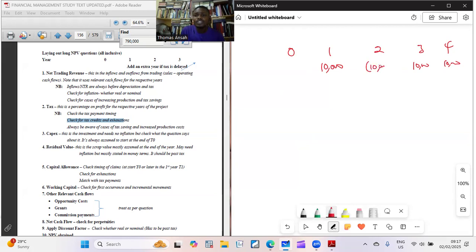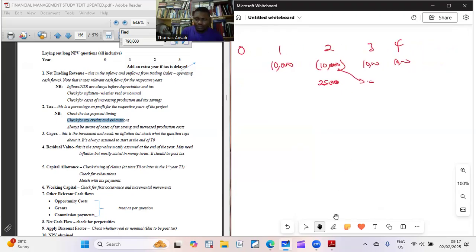My question to you is, have you seen anybody who pays income tax when he makes a loss before? For example, let's say this side is 25%, so here will be 2,500 tax. And let's say tax is in arrears, so let me just shift this one to this place. It's in arrears. Now, this year, there wouldn't be any tax. Have you seen that? There wouldn't be any tax. So tax will be 0.